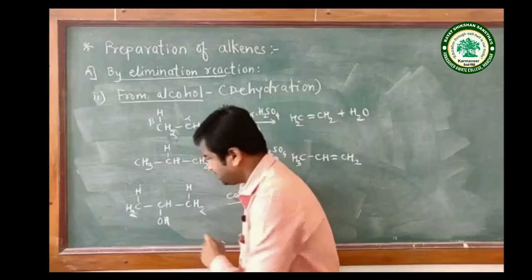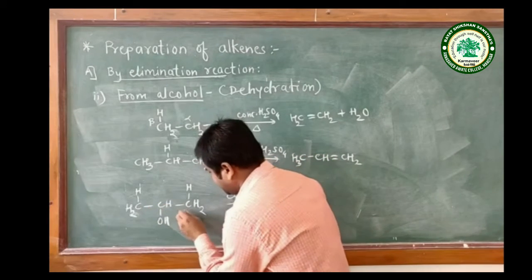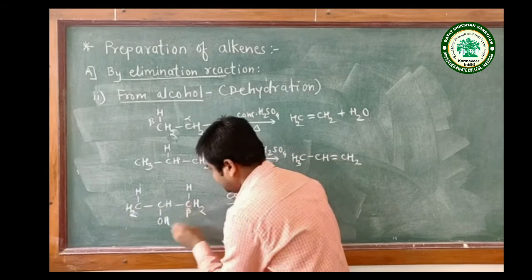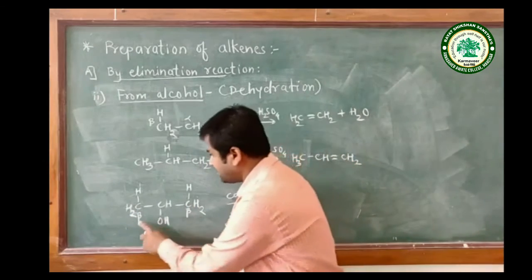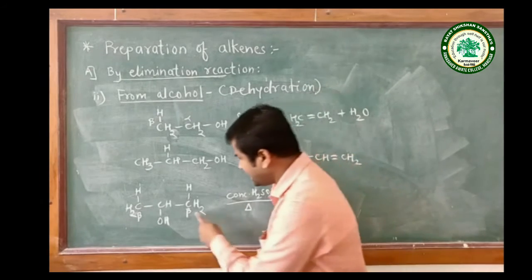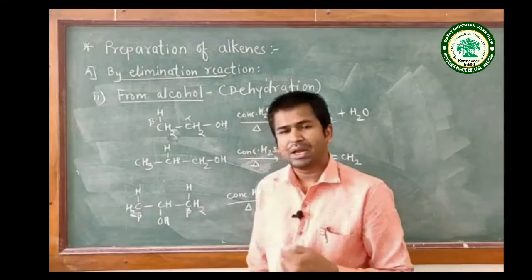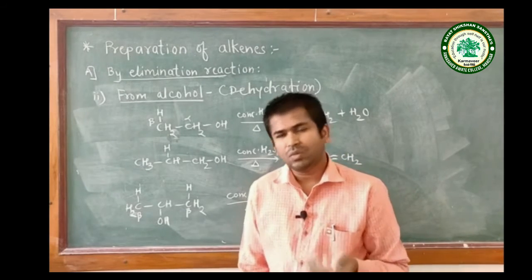In this example, there are two beta carbons, and both the beta carbons are similar in nature, and therefore the hydrogen atoms present on the beta carbon are also similar in nature. That's why we get only one product.